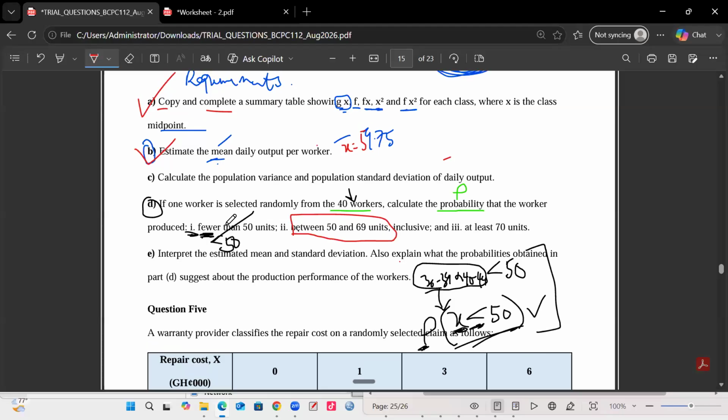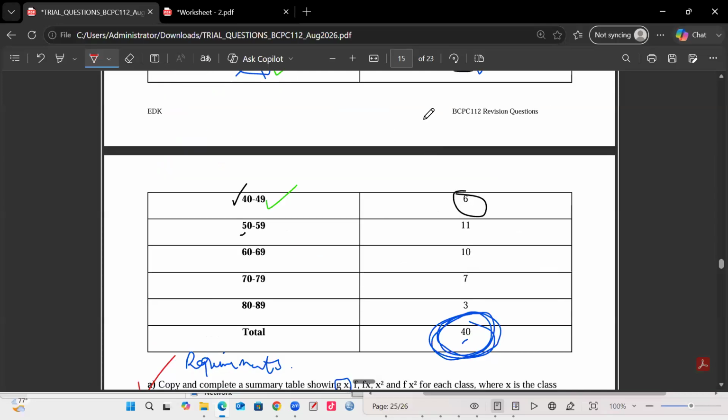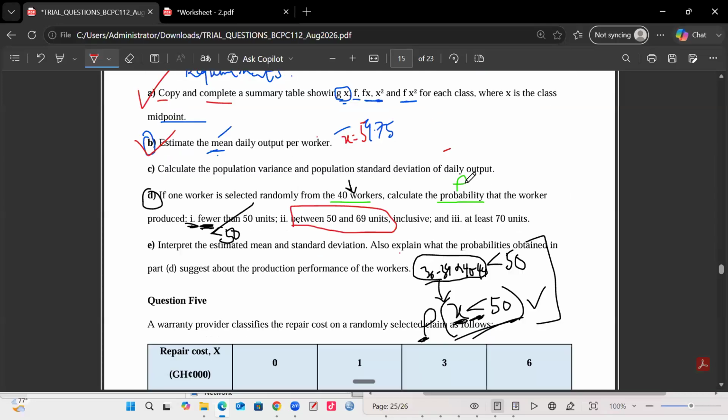So we will say the probability that, into brackets, it is 50, then it is 69. I've left space between. What will I write between? I'll write here, it is greater than X, but less than 69.